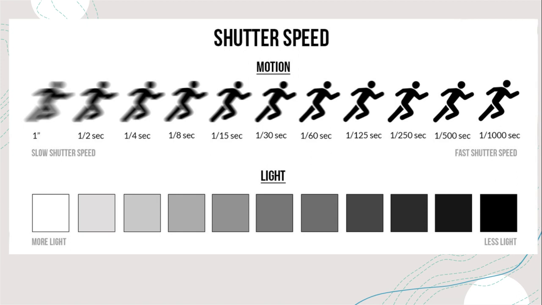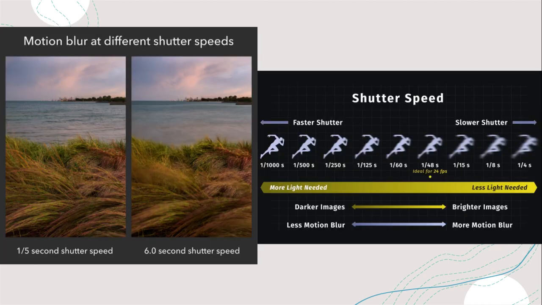The slower it is, the more light you let in. If it's faster, you're letting less in.